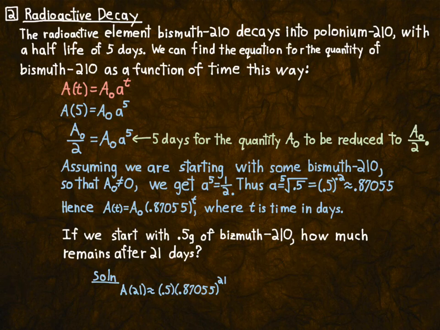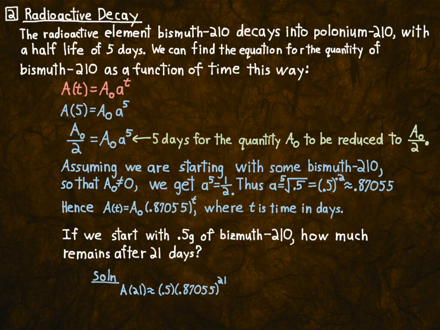So anyway, the solution is A of 21 equals, and we use this formula here. The initial amount is 0.5 grams, and then we put this number and we put the 21 days up here.